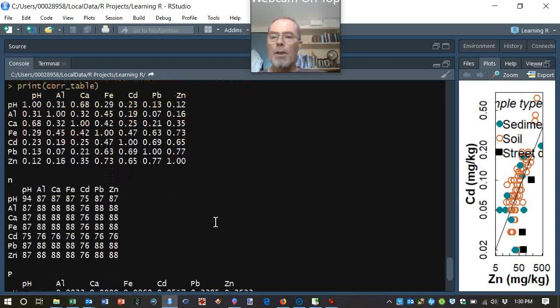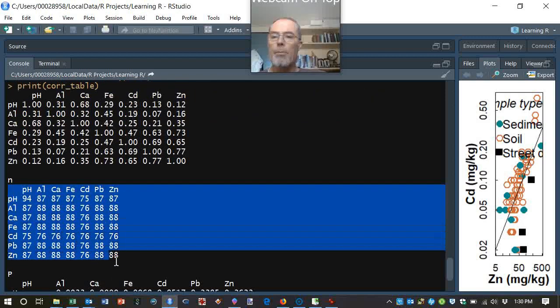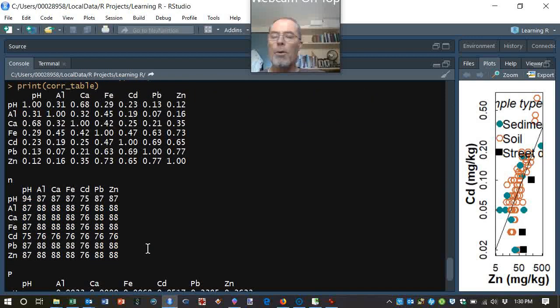Okay, the next subtable just gives us the number of observations that were compared in each instance. So for example, 94 observations contributed towards generating the pH correlation, and numbers differ here because each column has different numbers of NA or missing values.